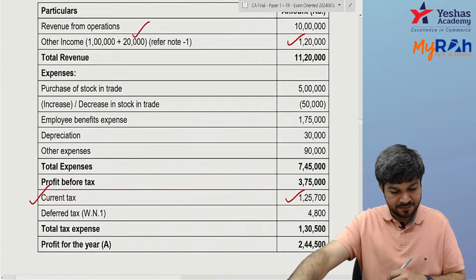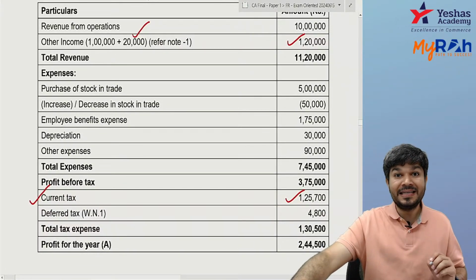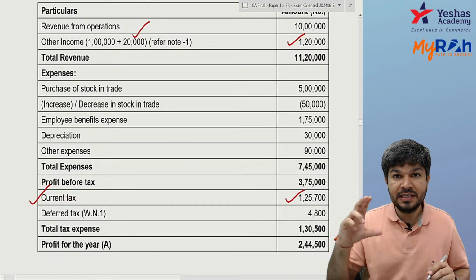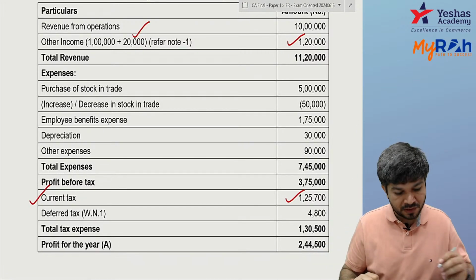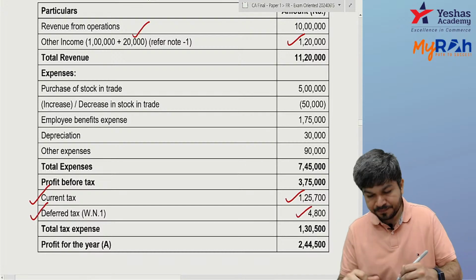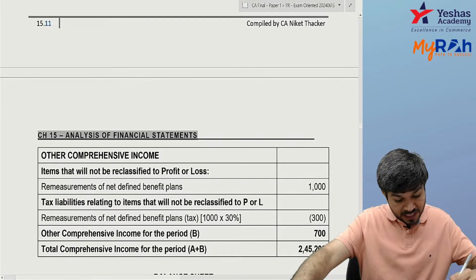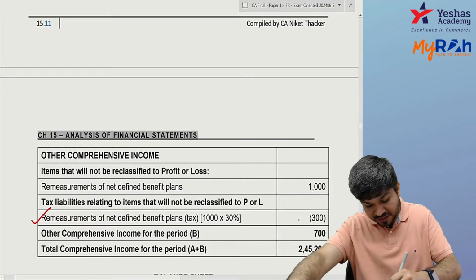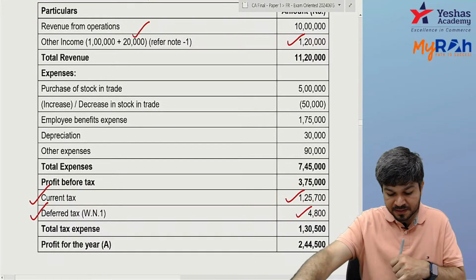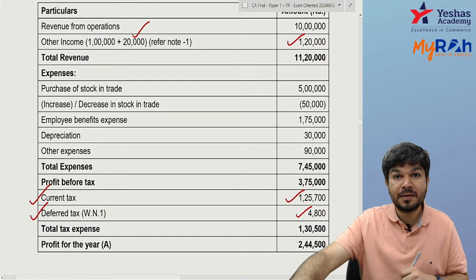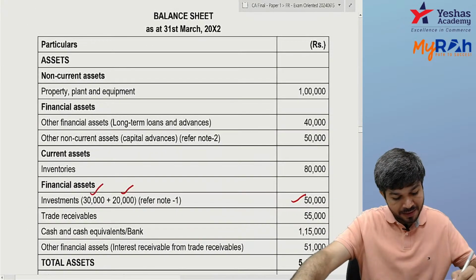After that, DTL. DTL total 5100 came, but a 300 effect comes in OCI. So here 4800, and the 300 effect is in OCI. So 4800 and 300 total becomes 5100 DTL in your balance sheet.